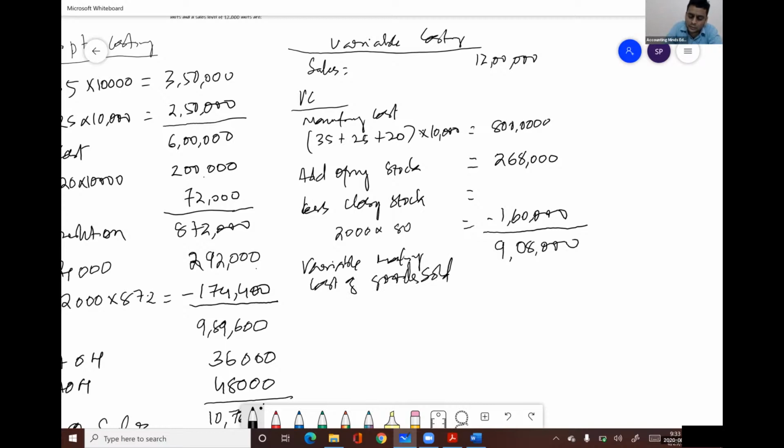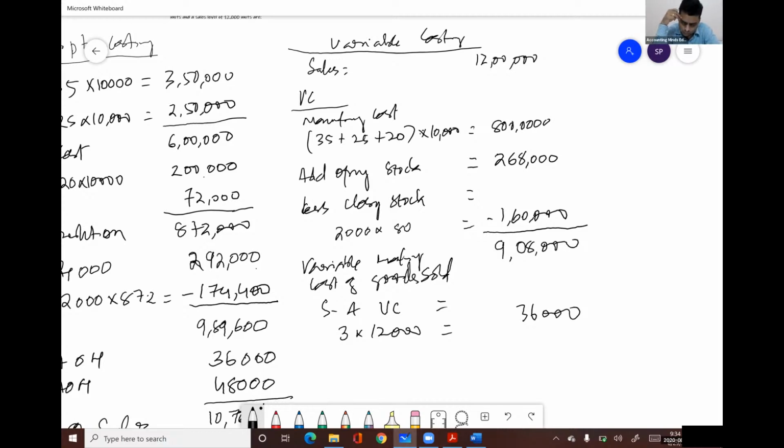Then selling and administrative variable costs. 3 into 12,000, which is 36,000, because we sold 12,000 units. Then total variable cost is 9,44,000.